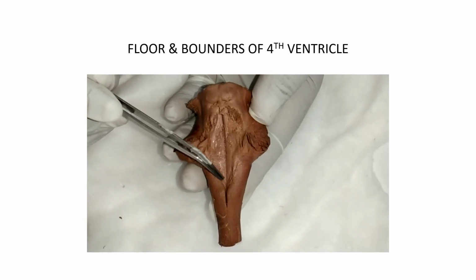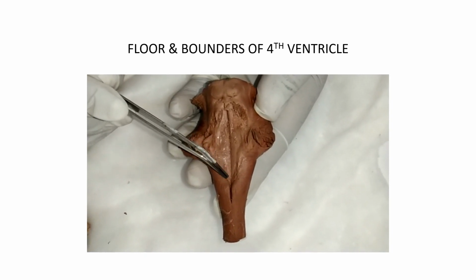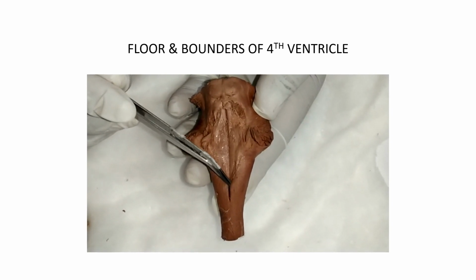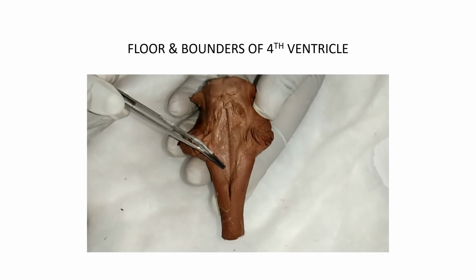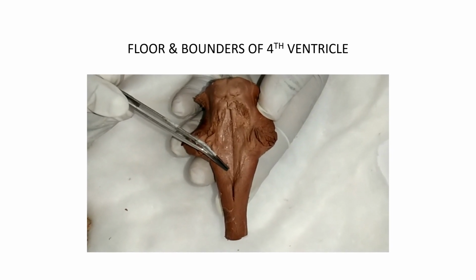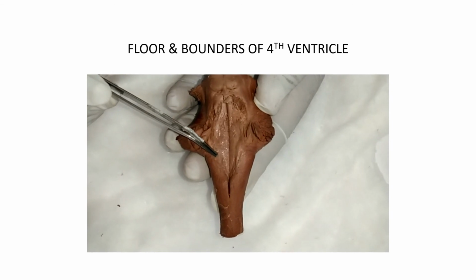The inferior margin of the floor of the fourth ventricle is marked by a narrow white ridge called the taenia.